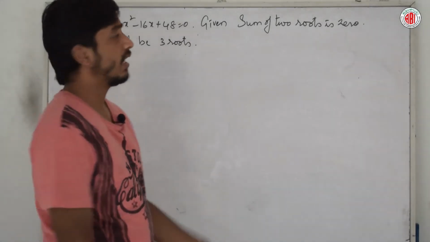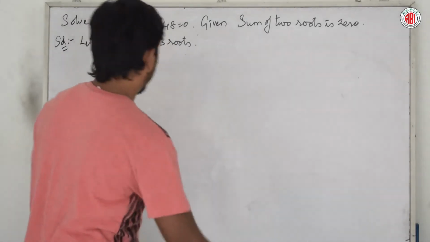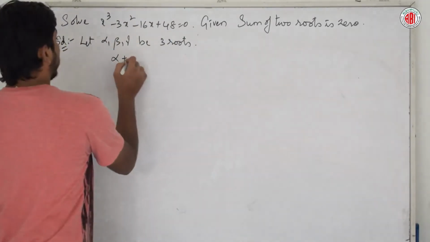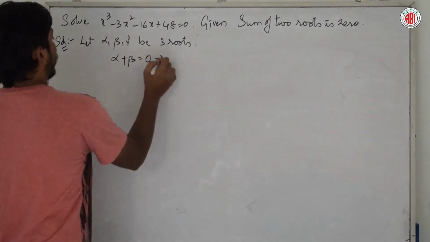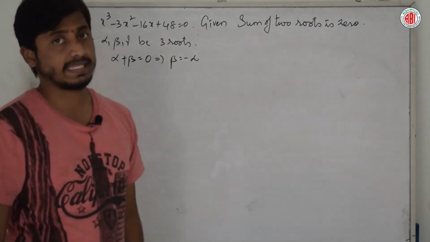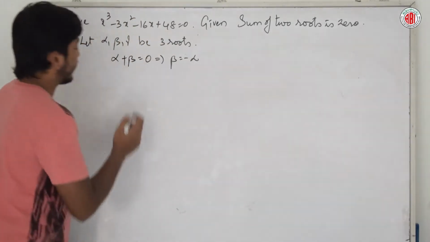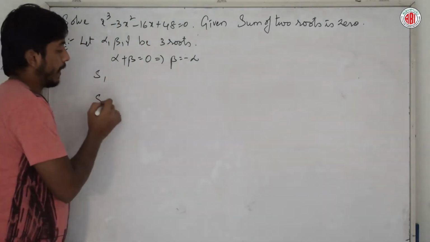Then the condition is that the sum of 2 roots is 0, so let us directly put alpha plus beta equal to 0. Obviously, can I write beta equal to minus alpha? Yes. Now let me write all the relationships between S1, S2, S3.